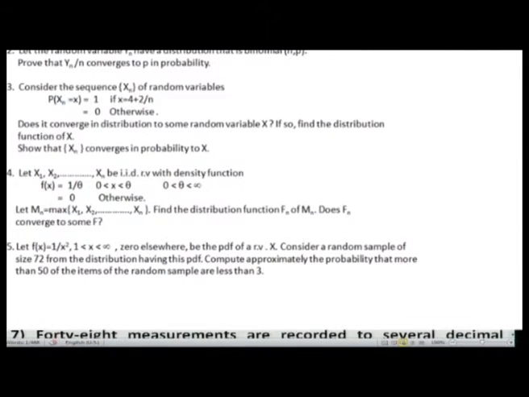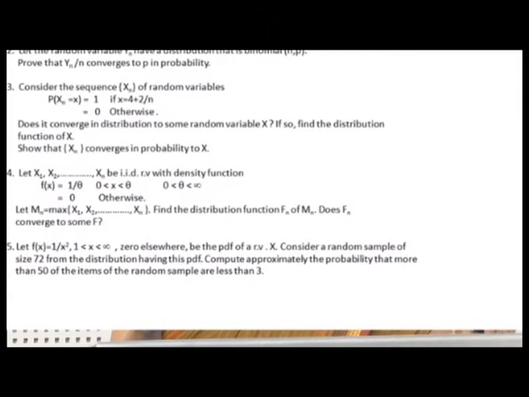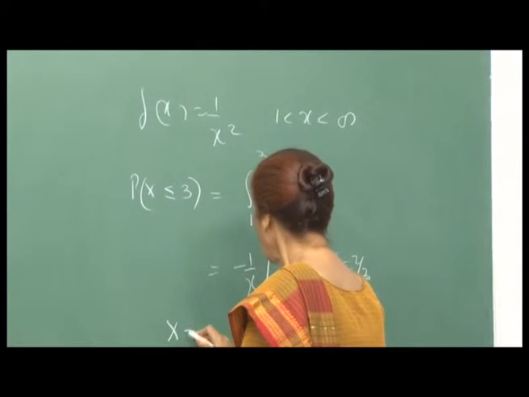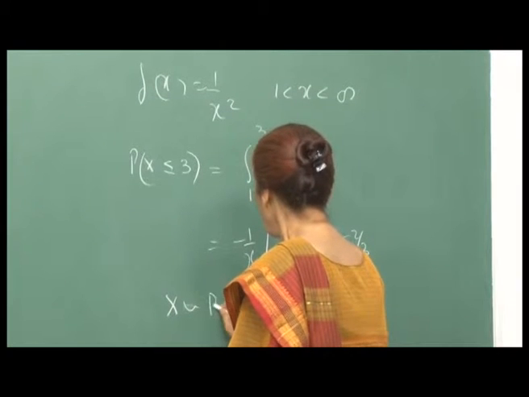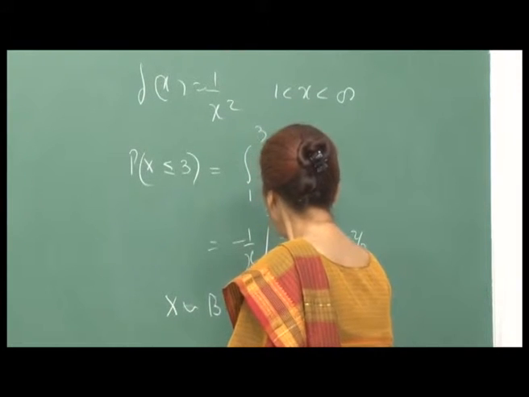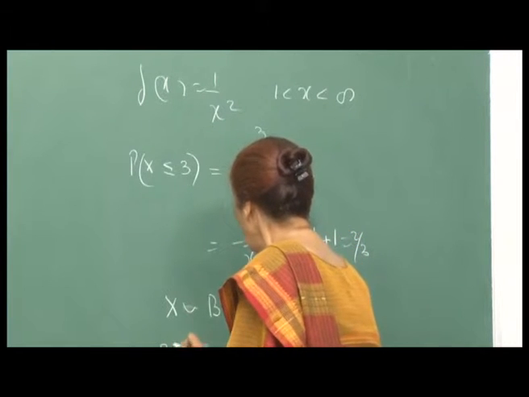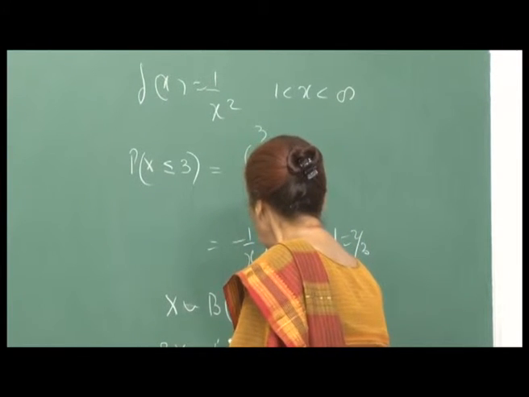So, more than 50. So, essentially, I am treating x as binomial 72, 2 by 3. I want the probability x is greater than or equal to 50.